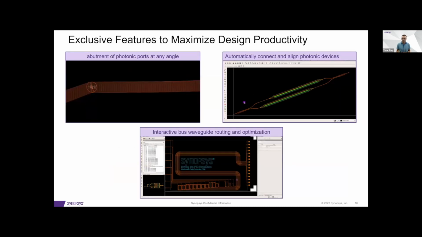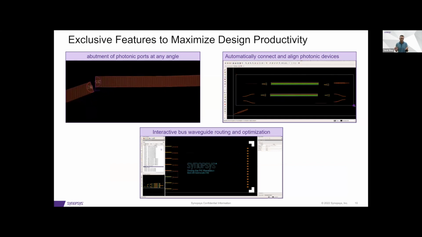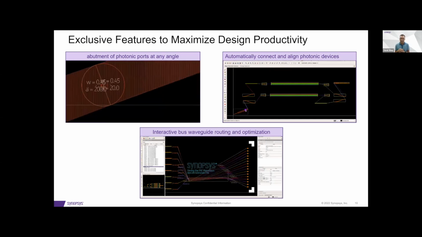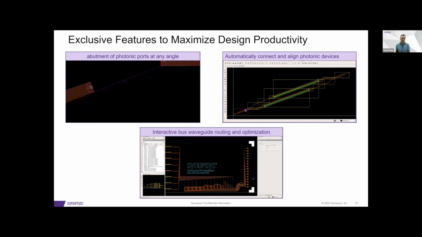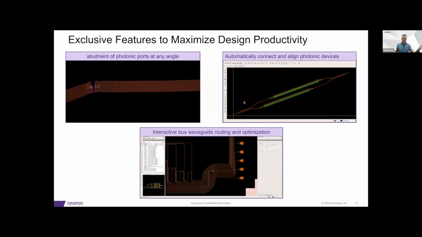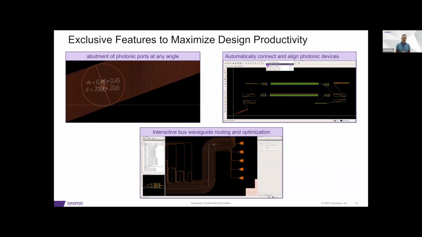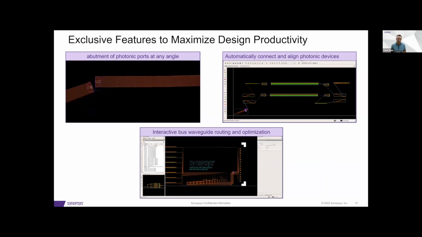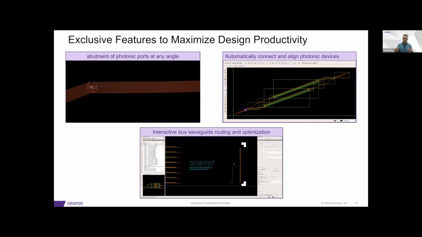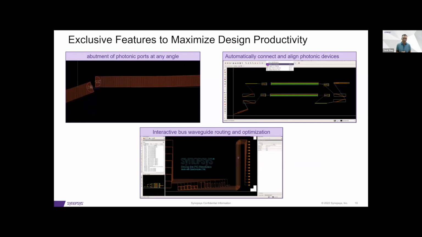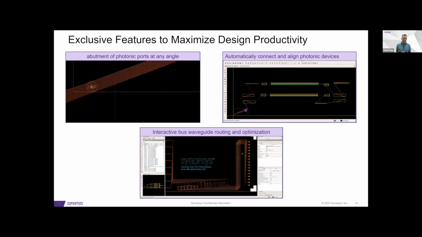I will show just a couple of examples, actually 3 examples, of the productivity and the layout automation features that we have. Table stakes items, like on the left-hand side, where you can see we have perfect abutment when you put together 2 waveguides and you want to make sure that they are perfectly abutted, no gaps, no breaks in the waveguide shapes.